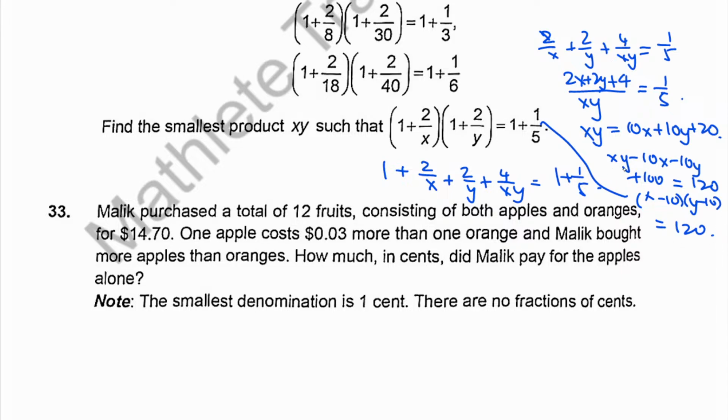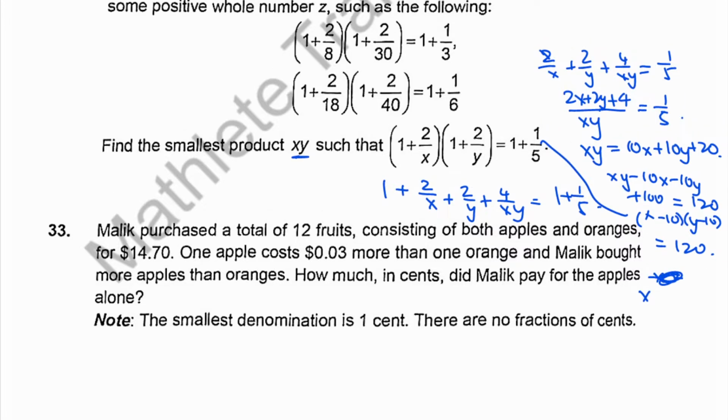Therefore, if you want to find the smallest product xy, it makes sense to make your x and y close together, right? So this means that you should choose x minus 10 is 10, and y minus 10 is 12.